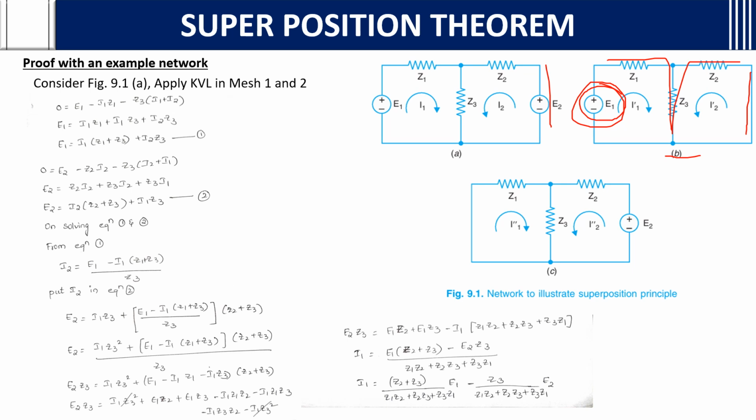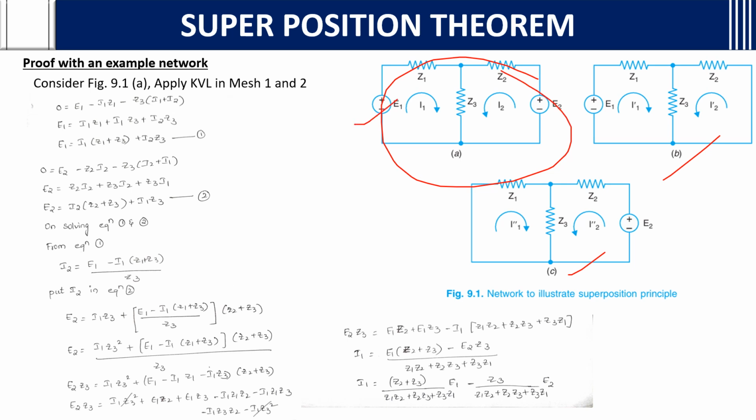Then we will short the first voltage source and keep the second voltage source active, and see its effect on the network. That is what is done. After that, we add the networks of B and C, the effects of B and C. We will get the total effect of these 2 voltage sources on the network. Understood? Separately we are doing it, that's it.